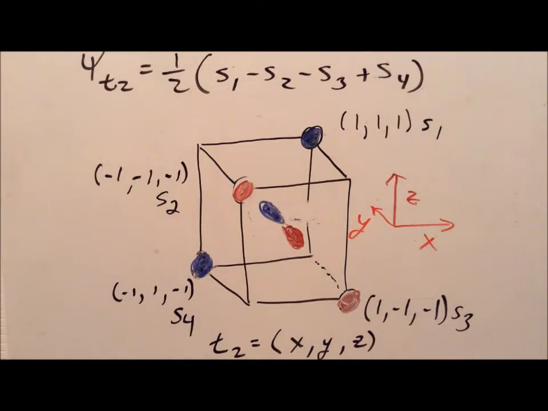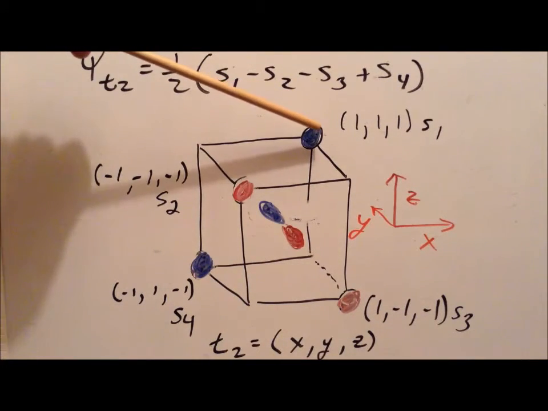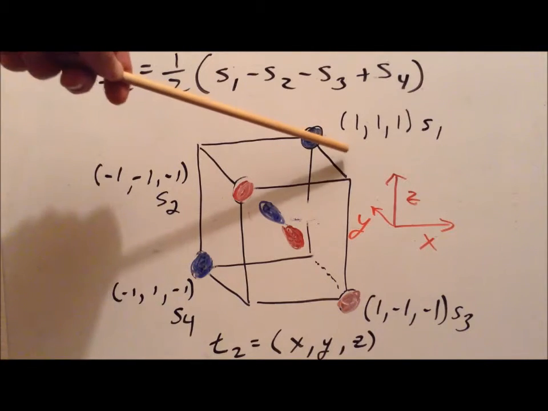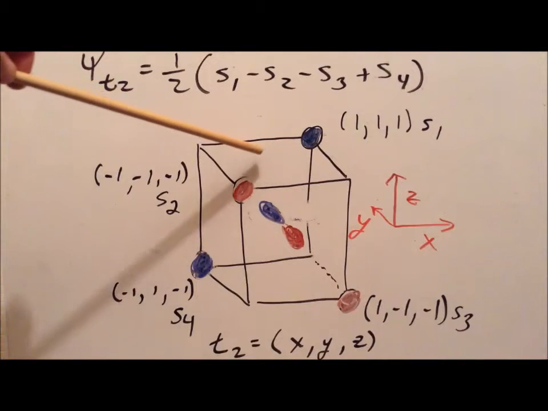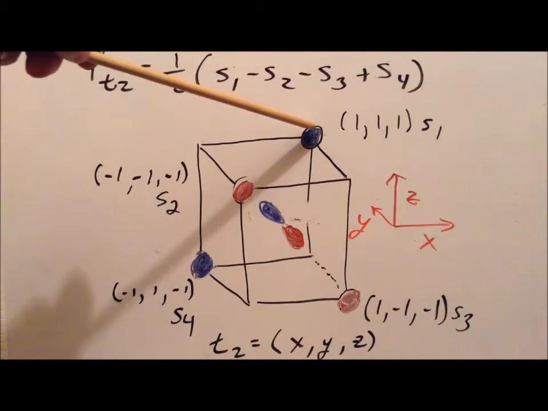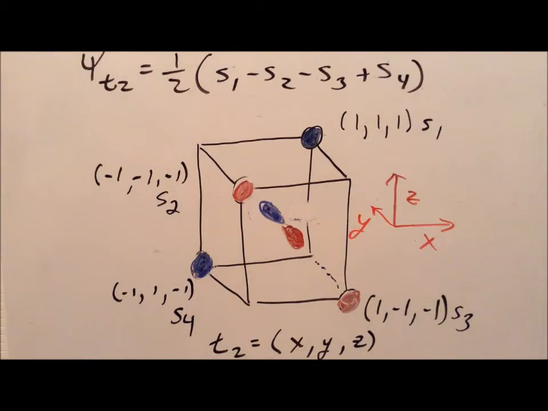One thing to notice here also is that we go from having positive phase to negative phase. Since the molecular orbitals are continuous functions, not only continuous, but they have to be differentiable and doubly differentiable, if we go from positive phase to negative phase, at some point we must pass through zero.